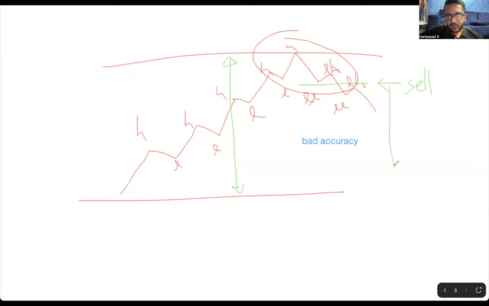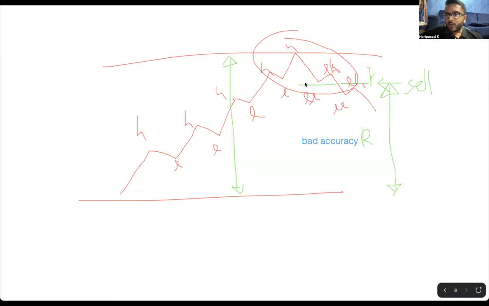If your view is right, your risk is less, and the reward potential is very good. So even though accuracy is lesser, risk reward is great, so you can consider it.